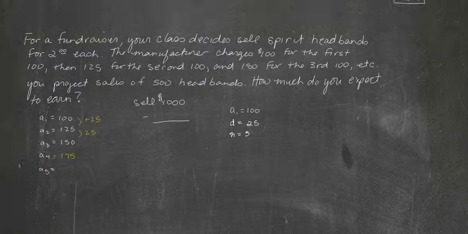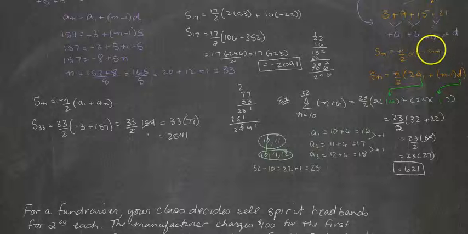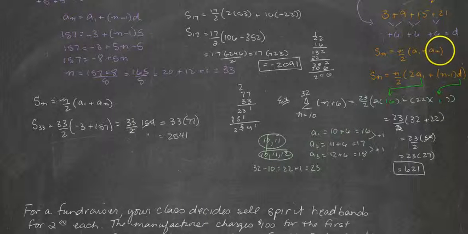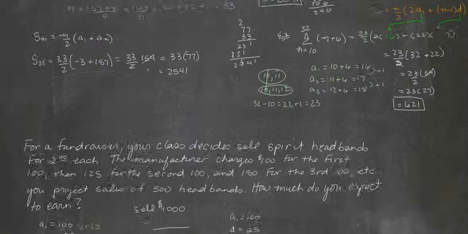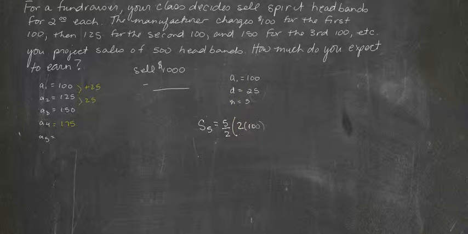So let's look at the formula that we want to use for a sub 1, d, and n. Well, we don't know what a sub n is. We know what a sub 1 is. We know what n is. We're going to have to use this second formula. So the sum of the first 5 terms is equal to 5 over 2 times 2 times a sub 1 plus 5 minus 1, which is 4, times the common difference, 25.